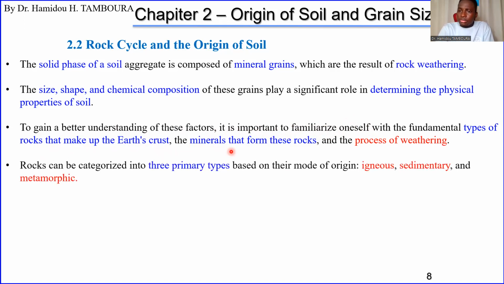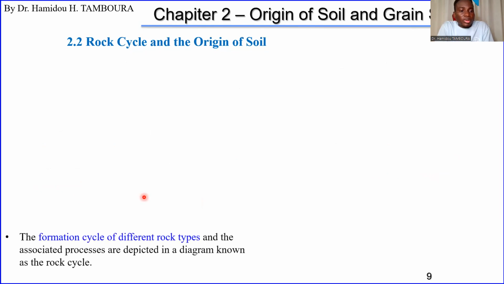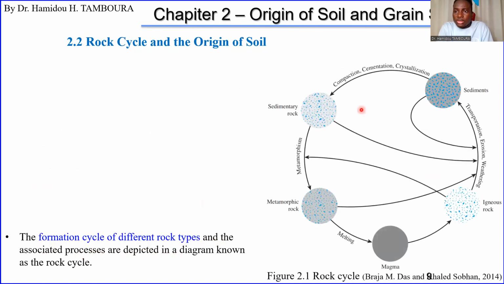So we have generally 3 primary types of rock based on the mode of origin. So we have igneous rocks, sedimentary rock, and metamorphic rock. The formation cycle of these different types of rocks and the associated processes are shown in this figure.